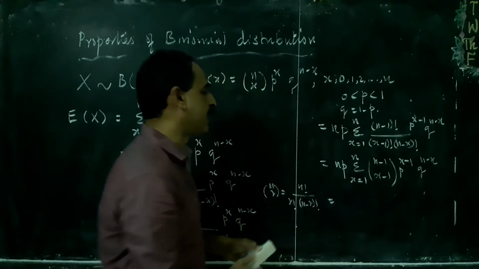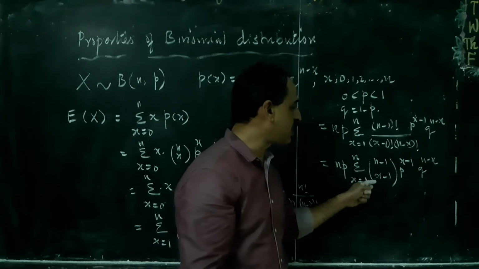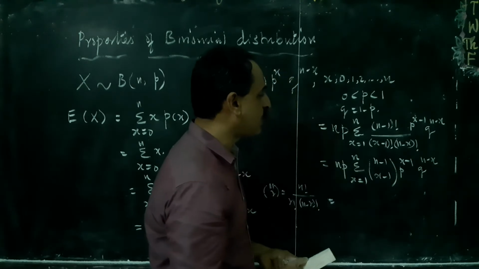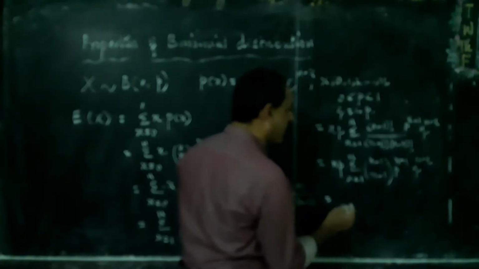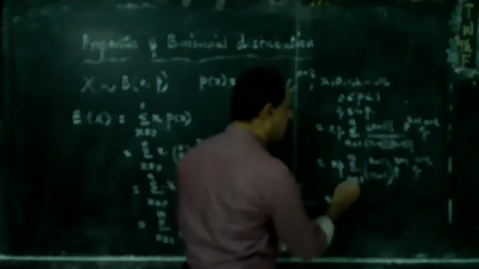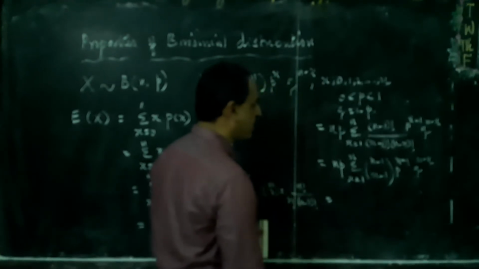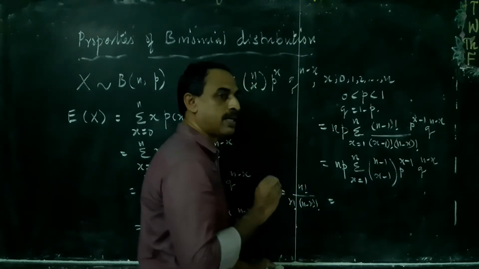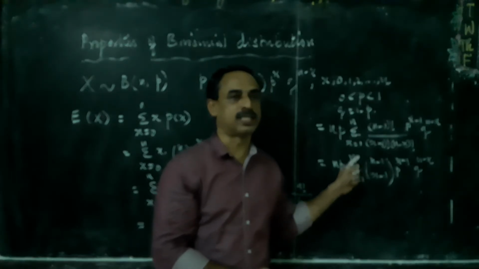Now this summation over x equals 1 to n of (n minus 1)C(x minus 1) p^(x-1) q^(n-x) is a binomial expansion of (q plus p) whole raised to n minus 1. It can be verified by considering the values of x from 1, 2, 3, etc., n.